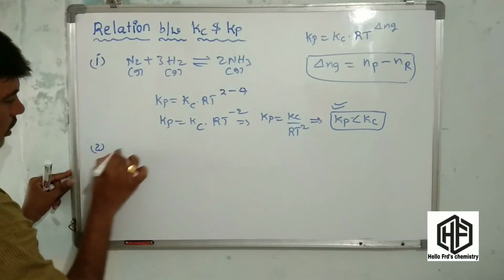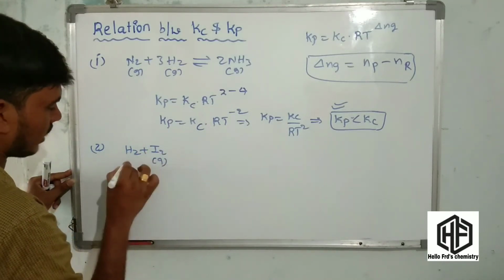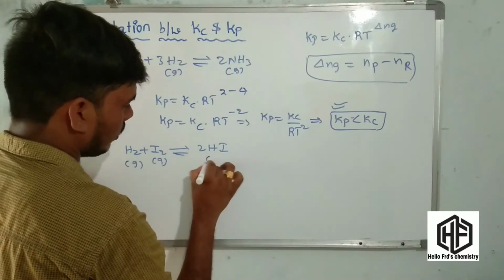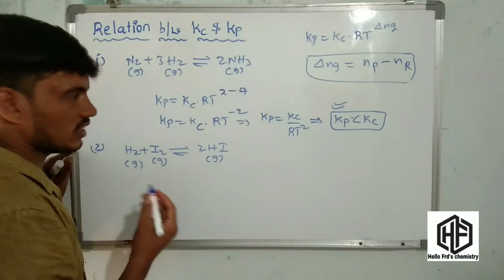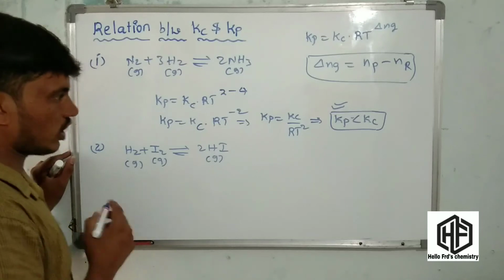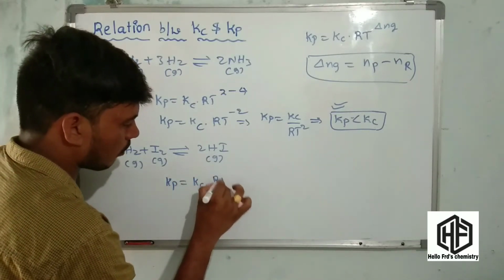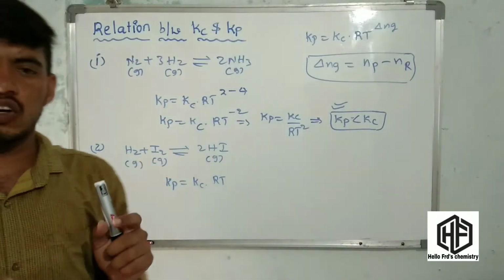And the next example is H2 plus I2, gas and gas, gives 2HI, gas. What is Kp? Kp equals Kc into RT power of 2 minus 2. Kp equals Kc into RT power of the number of gaseous molecules of products minus the number of gaseous molecules of reactants.